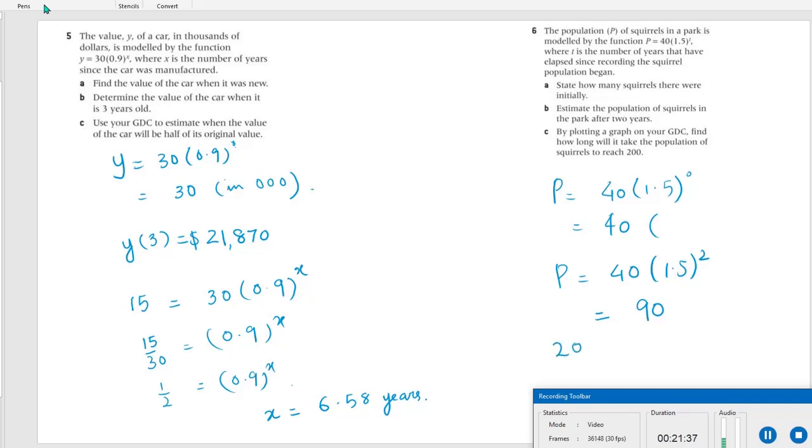So putting P is equal to 200, 40 times 1.5 to the power t. Now we have to solve it for t. 5 is equal to 1.5 to the power t. We'll get t is equal to 3.97 years.